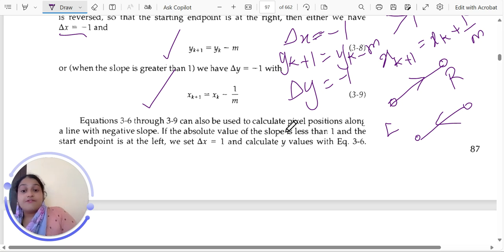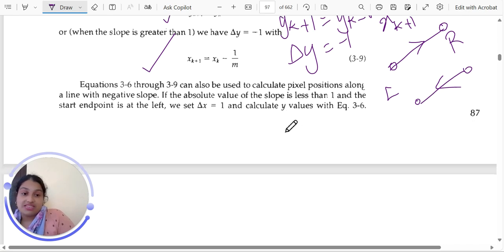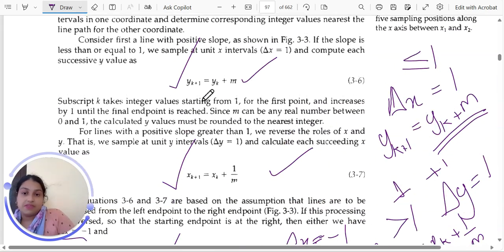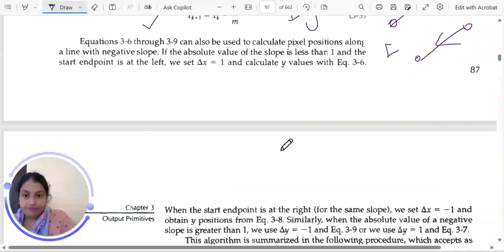So if the absolute value of the slope is less than 1 and the starting endpoint is at the left, we set delta x equal to 1 and calculate y values with equation 3.6, that is yk plus 1 equal to yk plus m.